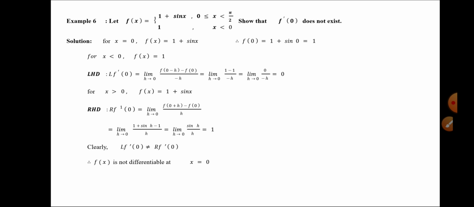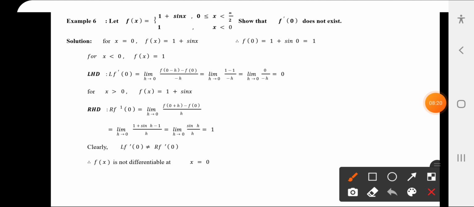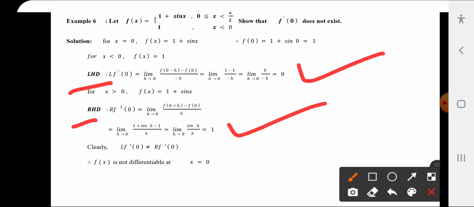Let f of x equal 1 plus sin x for x between 0 and pi by 2, and 1 for x less than 0. Show that f dash of 0 does not exist. Here you see that the left hand derivative is 0 and the right hand derivative is 1.